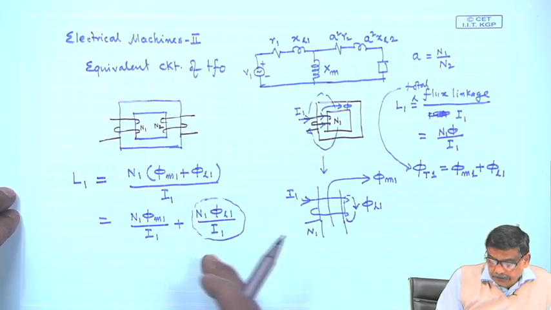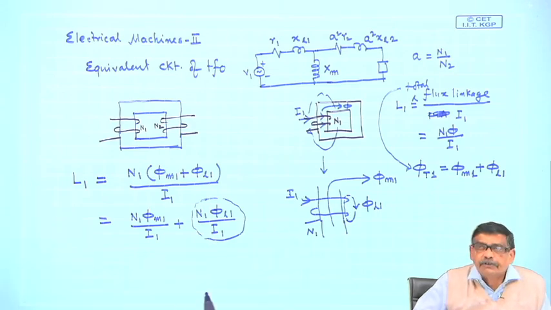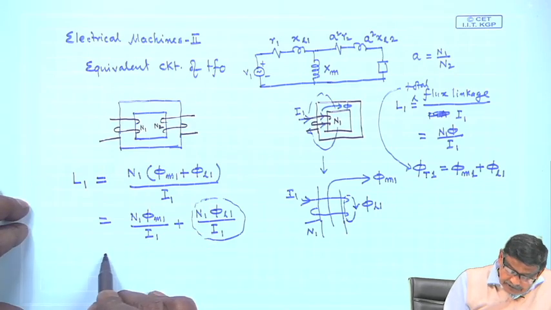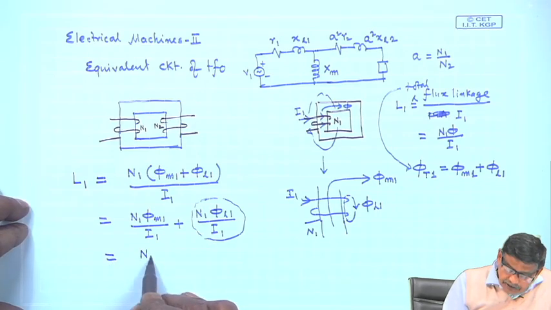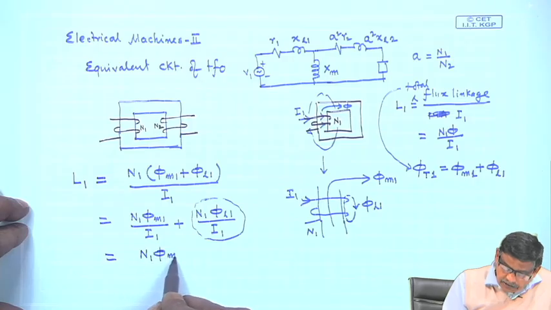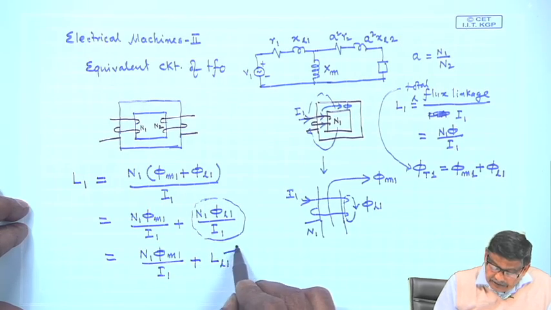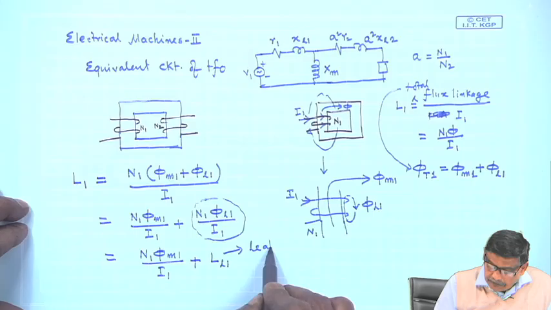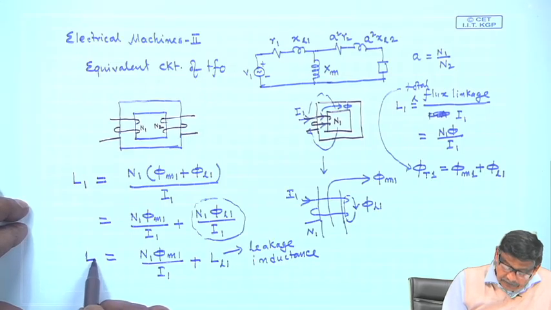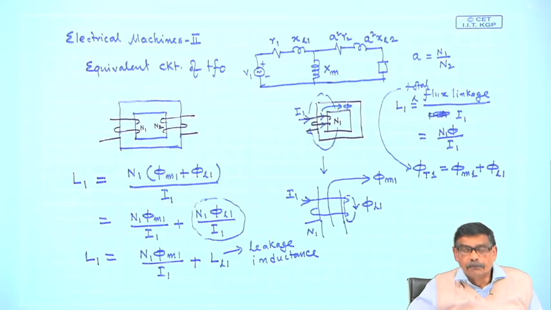This is also an inductance because N phi by I. So, this is written as N1 phi m1 by I1 plus this I will write it as L1, that is the leakage inductance of the coil, leakage inductance. So, this is what this L1 means.